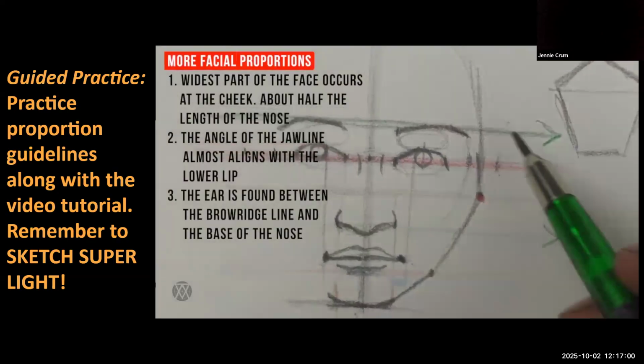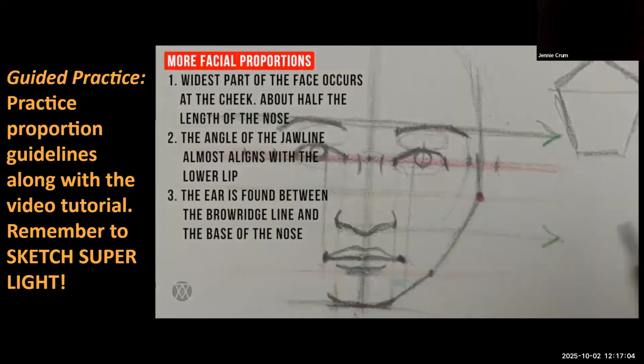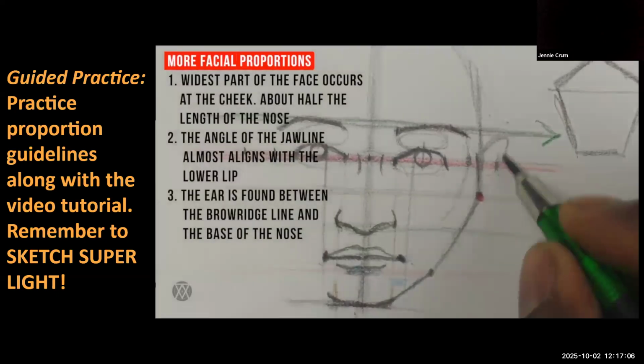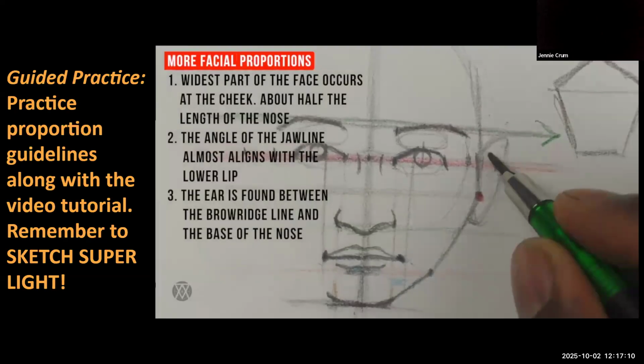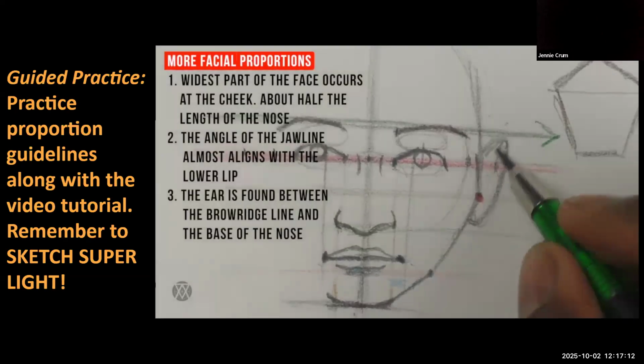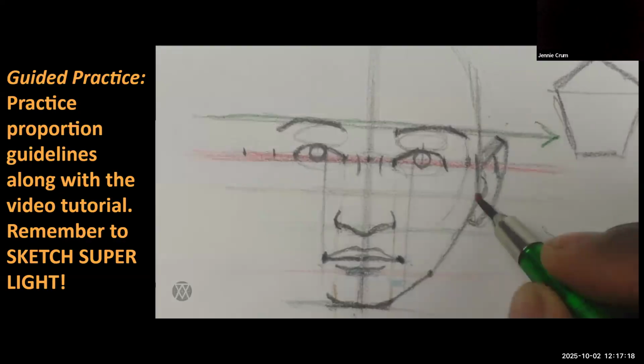The ear is generally, of course, between the brow line and the base of the nose. So the ear is normally found between these guys. So the ear is normally somewhere in here. Now, as I said, these are general proportions, okay? So these are just model proportions.